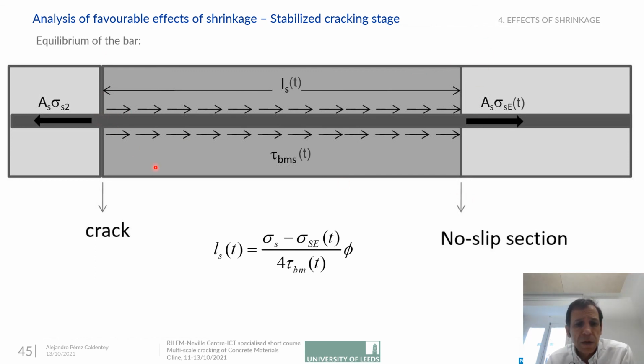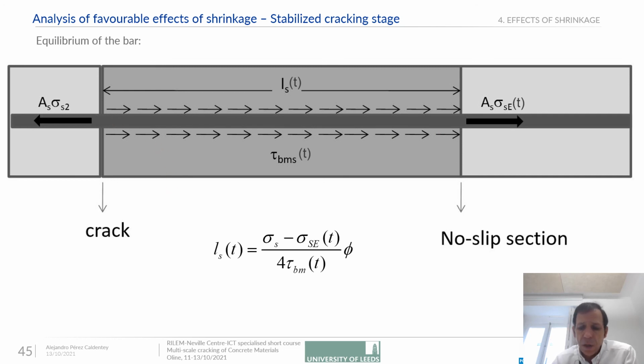you would get the difference between the stress at the crack and the stress at the end of the transfer length through this expression. Actually, this is the expression of the transfer length as a function of this difference of stresses.